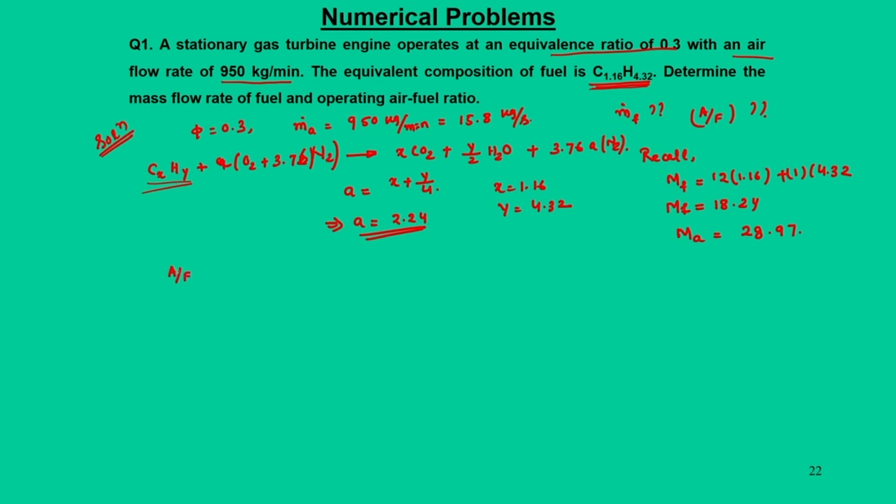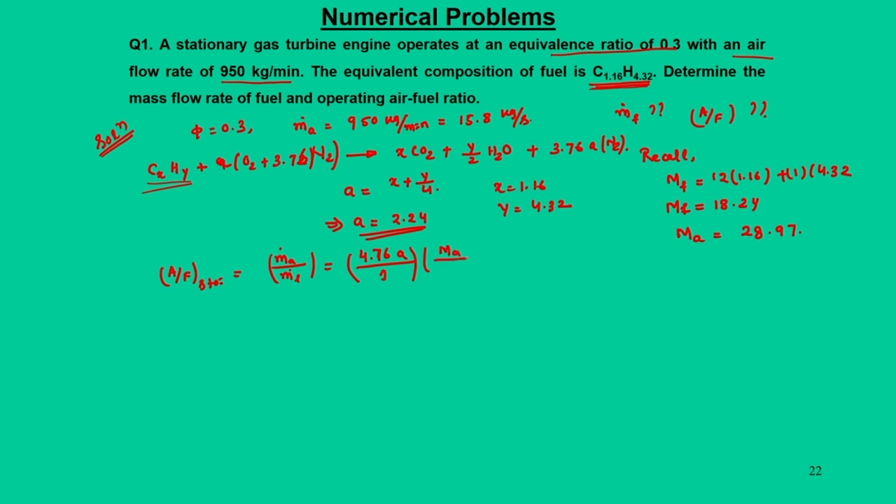So, the stoichiometric air-fuel ratio A by F can be found: it is the mass of air divided by the mass of fuel, which in terms of molecular weight is 4.76 A divided by 1, times Ma by Mf, where Ma is the molecular weight of air.